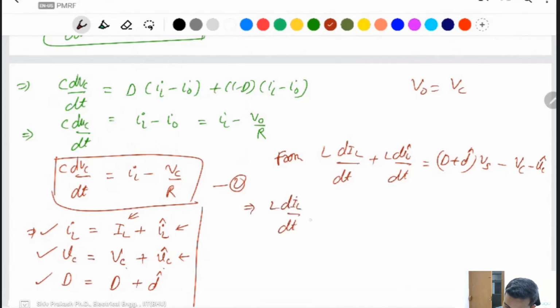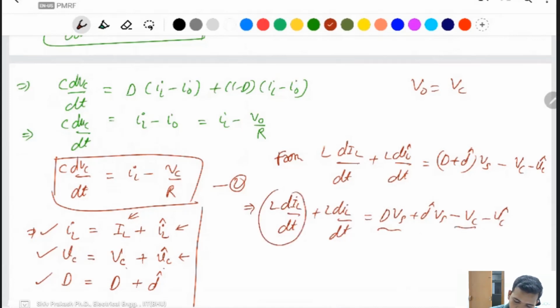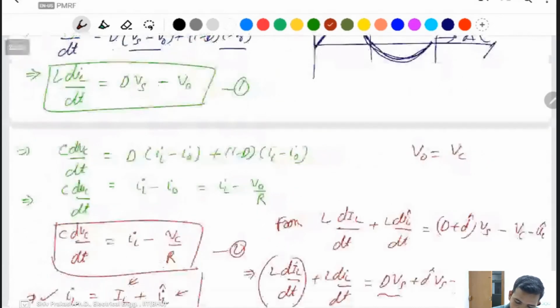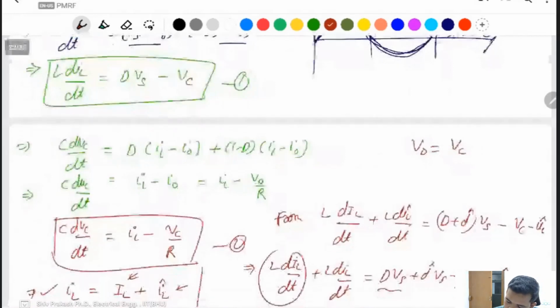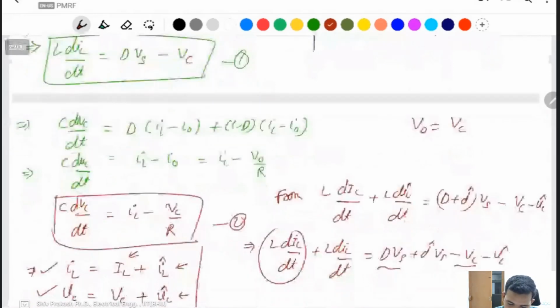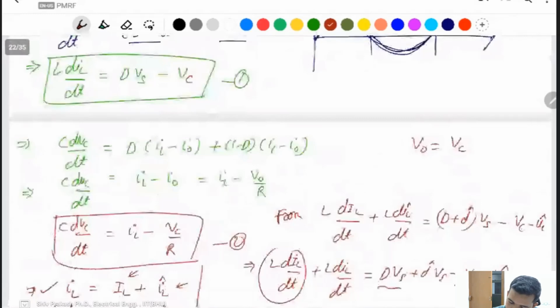So L dIL by dt plus L dIL cap by dt is equal to D Vs plus D cap Vs minus Vc minus Vc cap. The average terms D Vs minus Vc equal L dIL by dt, so these will be cancelled out.